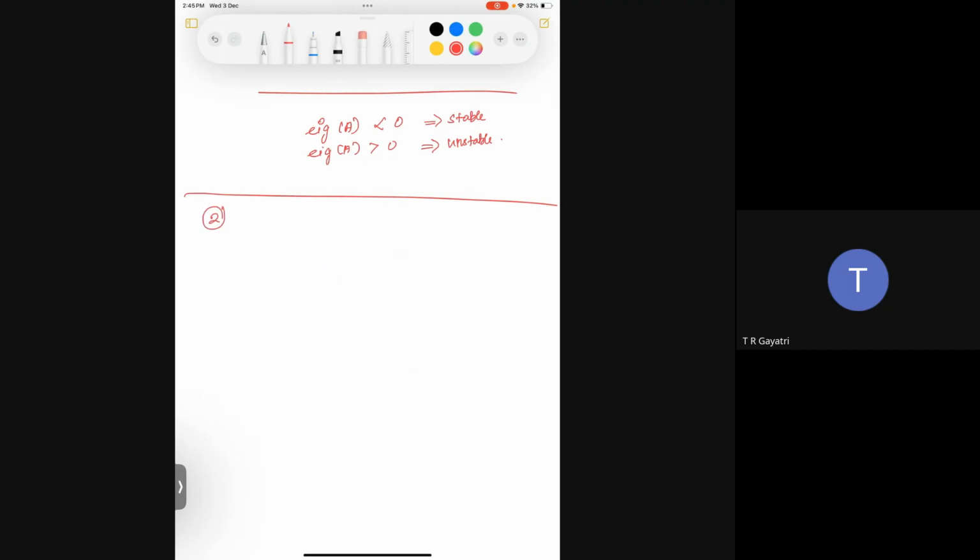We will solve a few other problems. This is one typical problem where x1 dot, x2 dot is equal to minus 4 1, minus 2 minus 1 times x1, x2 plus 0 1 into u.